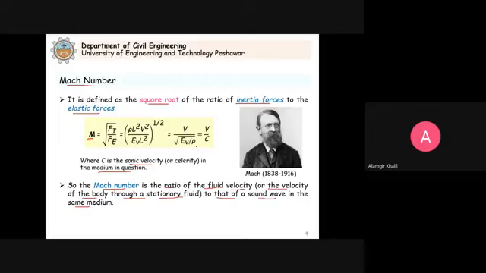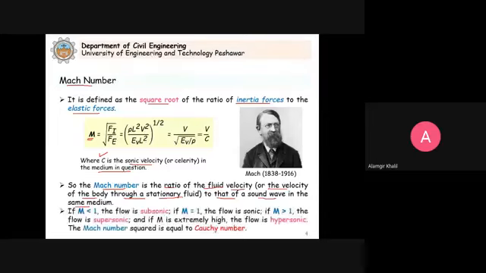You see that because of the compressibility of the fluid, when you suddenly close it, it is compressed. As a result, a pressure wave is generated and then it travels upstream. And with what velocity will it travel? It will travel with this velocity c. So in the cases where compressibility of fluid is important, we have to consider the Mach number.